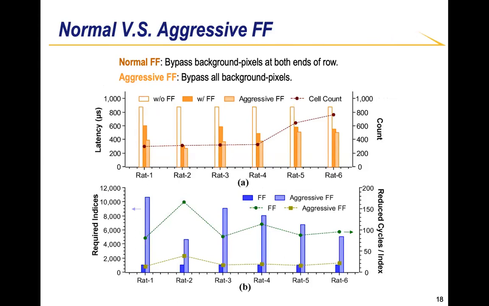We evaluated the performance and the memory overhead between the normal and aggressive fast-forward modes using 6 different imaging datasets collected from rats. Evaluation results show that the aggressive fast-forward mode contributes 21.3% of latency reduction on average, but requires 7.2 times more memory usage for storing the additional indices.